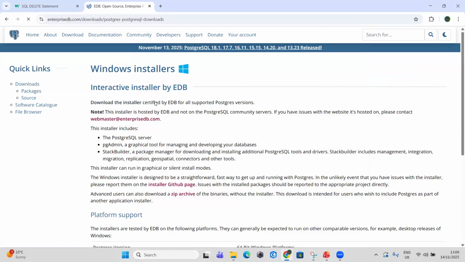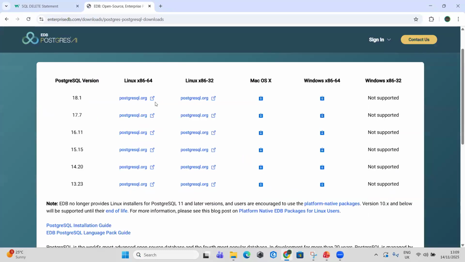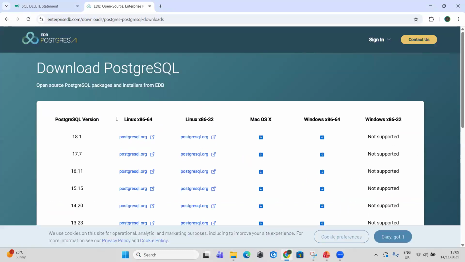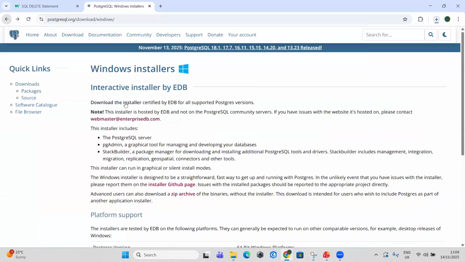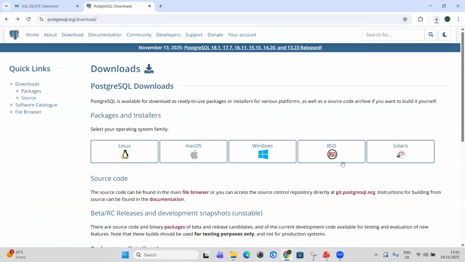When you go to the installers, look for this Windows 64-bit. Download the latest version. Where is the installer? Can you go back? Okay, the first one.